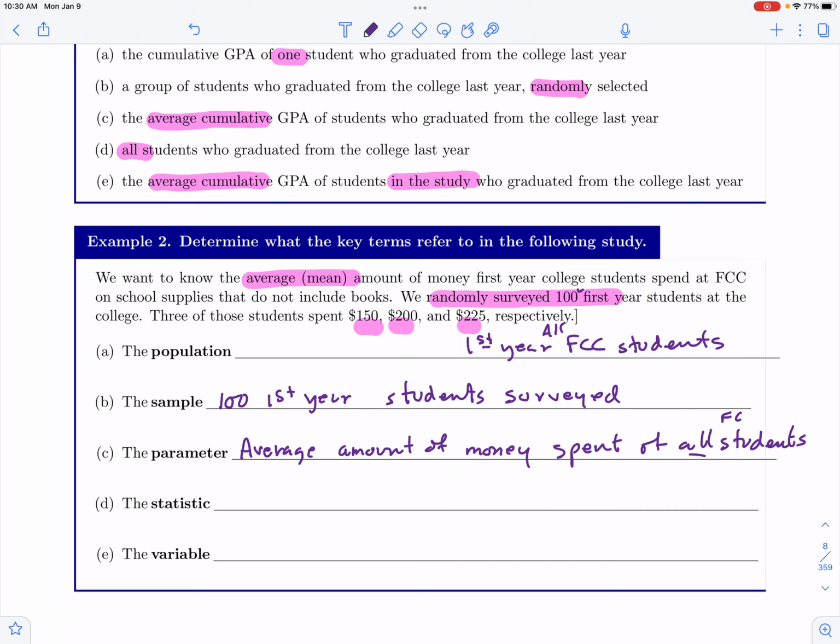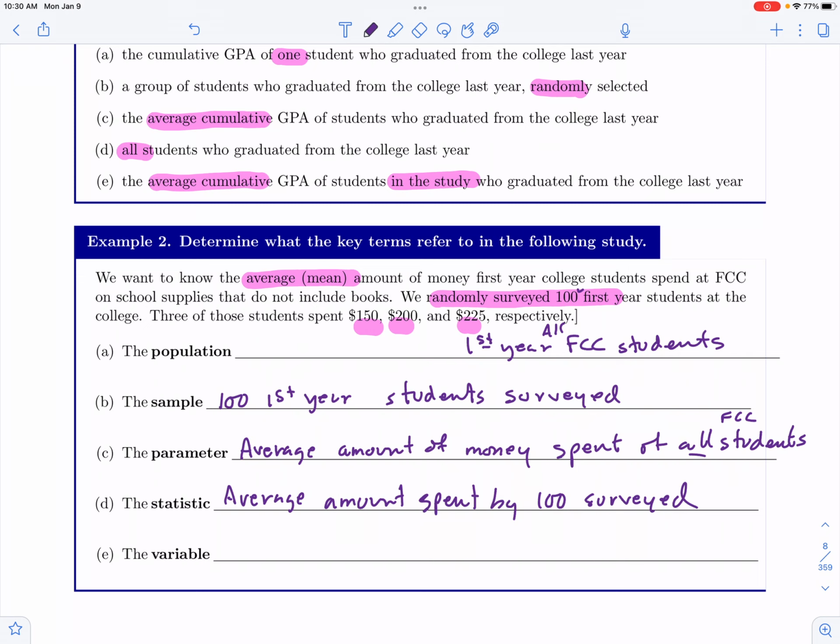All right, so our parameter is going to be the average amount of money spent by all FCC first year students. The statistic is going to be the average amount spent by the 100 surveyed. And then finally, our variable is just going to be the individual amount that each person actually spent.